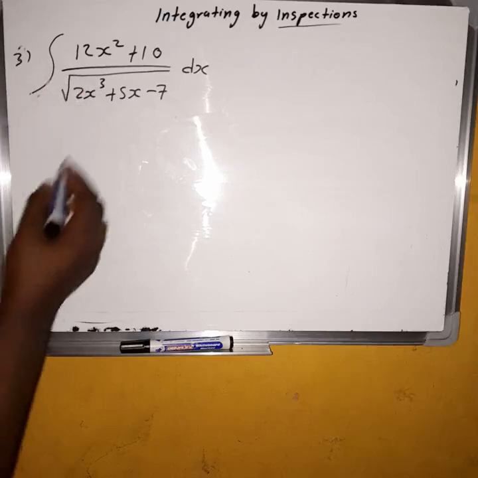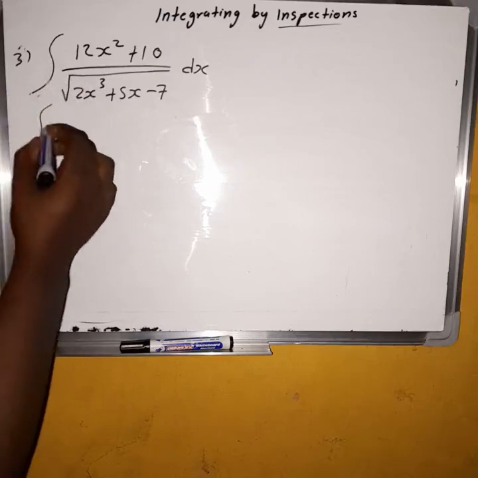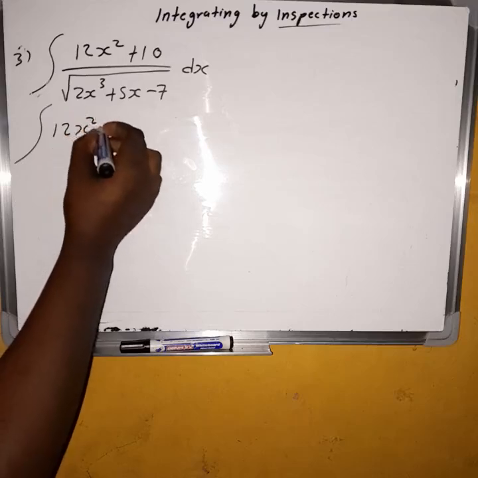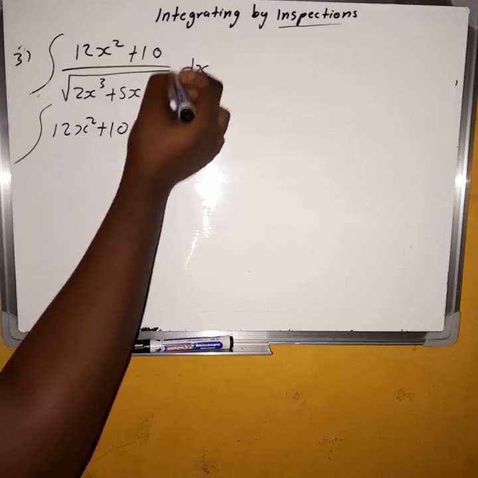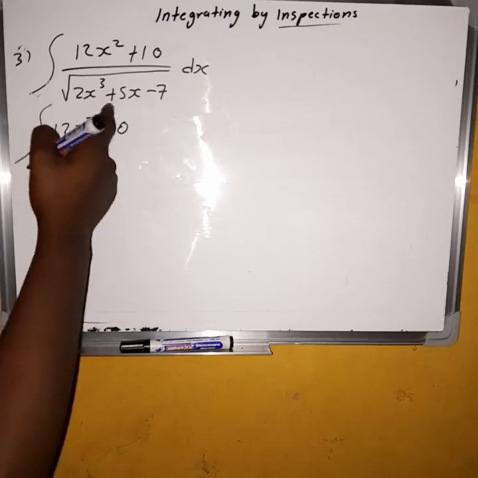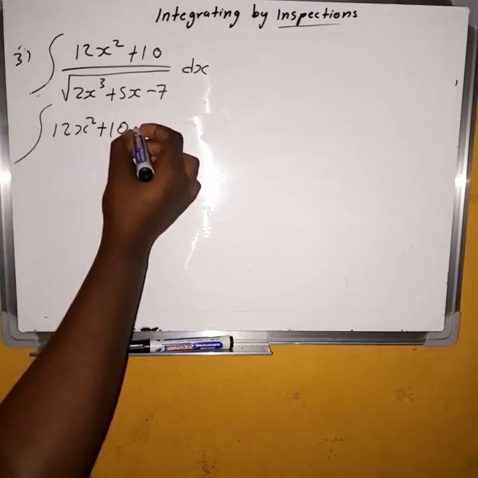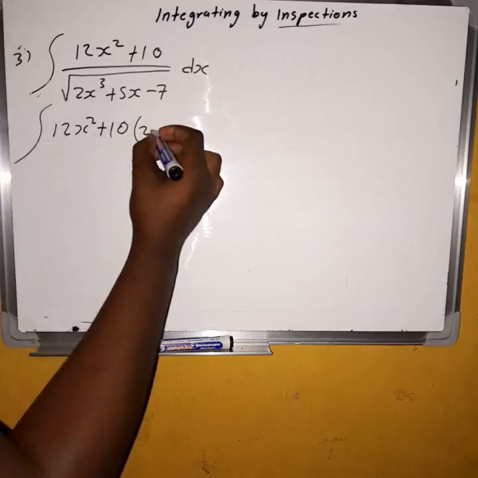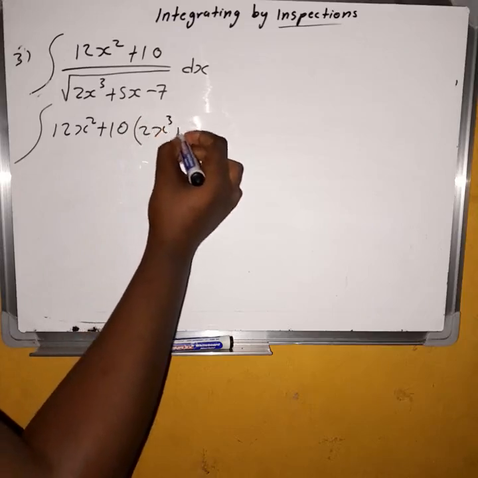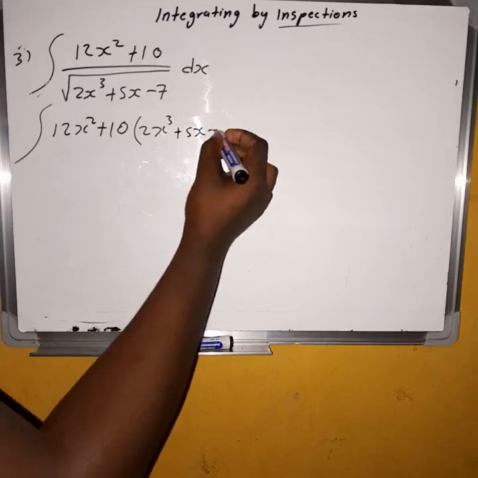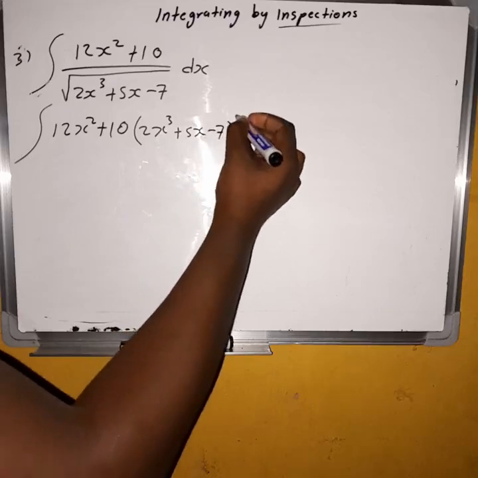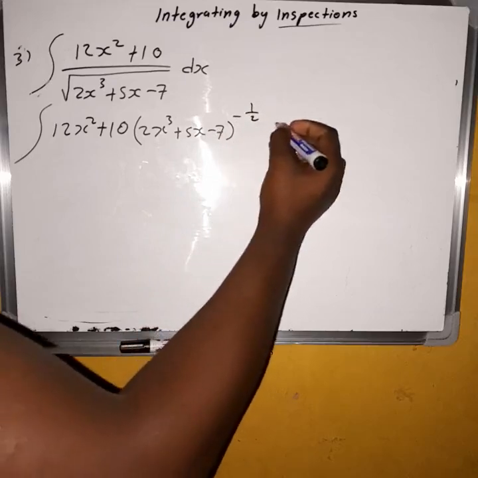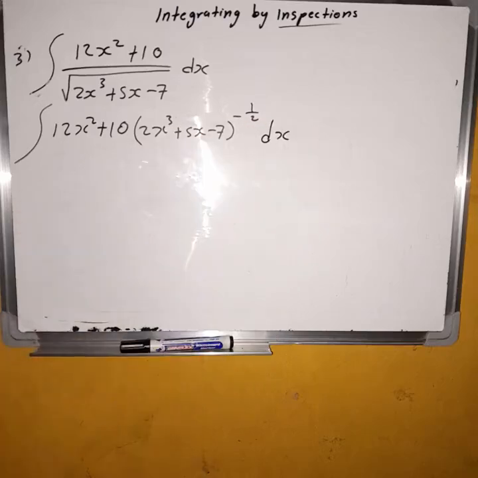Okay, now just rewrite this. It will be 12x squared plus 10, you take this on the top, right? You put a bracket, 2x cubed plus 5x minus 7 will be to the power minus 1 over 2, right, dx, right?